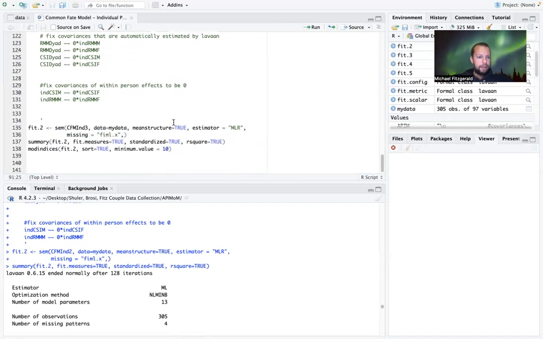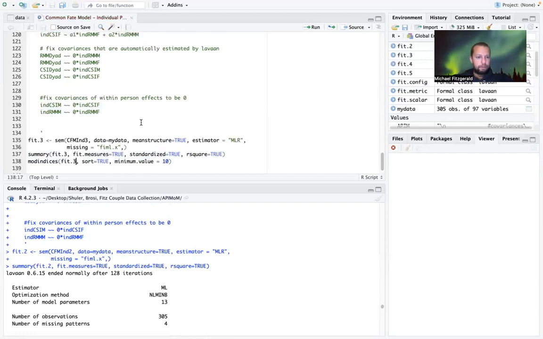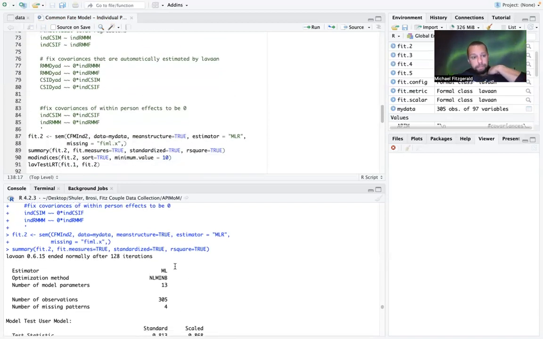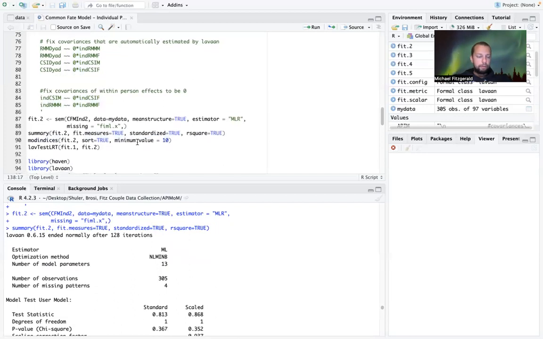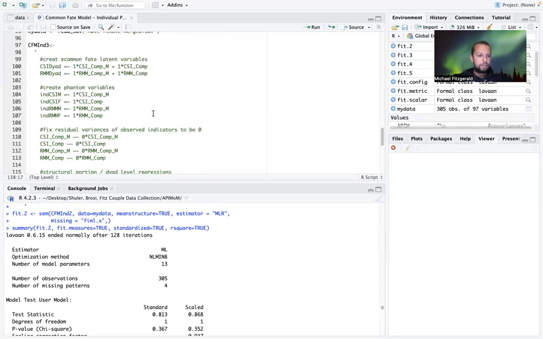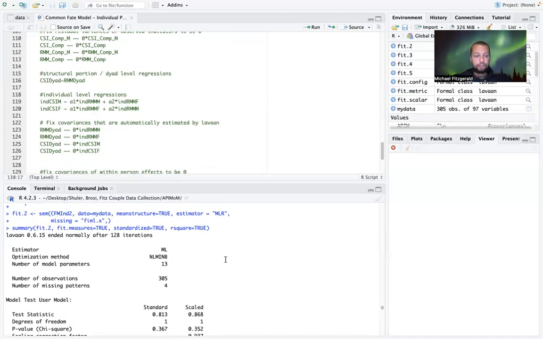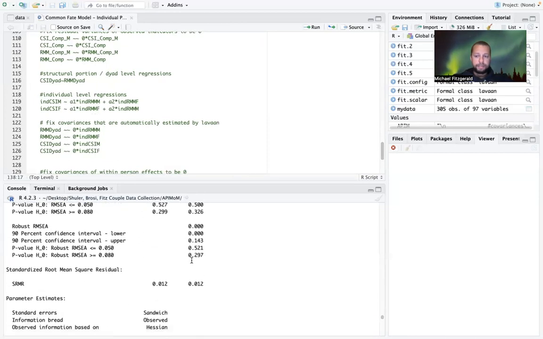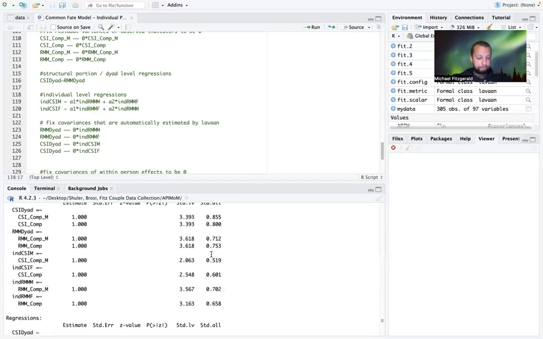I just noticed an error in the syntax, so we will fix that and rerun that. This model should be accurate, but for that third model we will have to see if there are any major differences. There shouldn't be, because again, those partner effects should be non-significant.